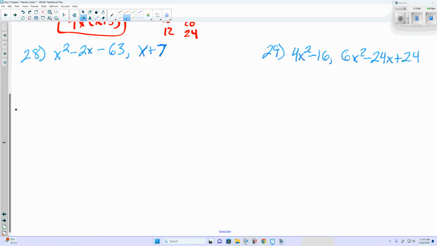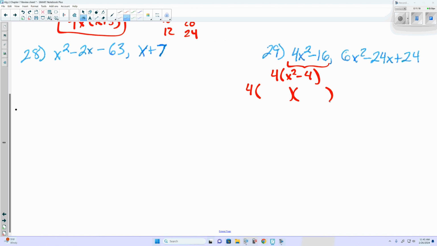We need to factor each one of these completely before we can find the least common multiple. Well, 4x squared minus 16 has a greatest common factor of 4. And if we factor it out, we're left with 4 times x squared minus 4. X squared minus 4 is a difference of perfect squares. Part of the reason that we have this is if we have an x squared and a number being subtracted, what times itself is x squared?